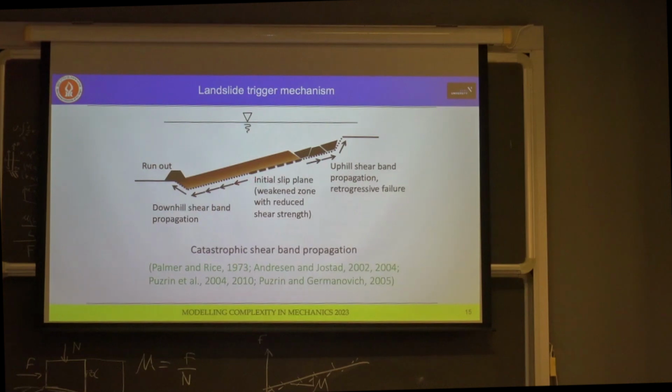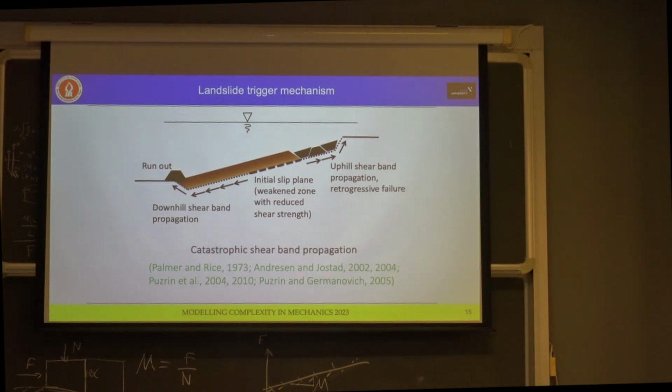So simply this way. We have here some initial slip plane with reduced shear strength, and now this soil body starts to move downwards, and here we have shear bands. Now downhill shear bands and also some uphill shear band with some retrogressive failure.